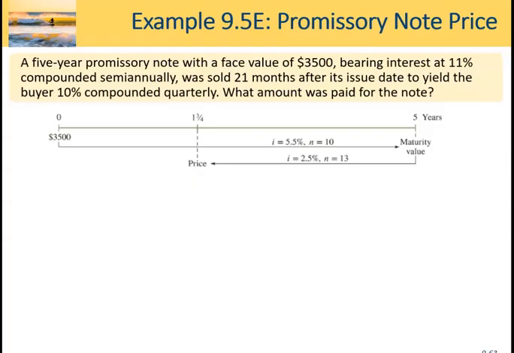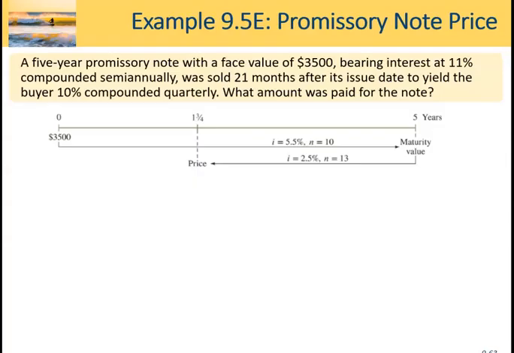Okay, so we're going to figure out what the maturity value is at the end of 5 years, and then we're going to take that maturity as the future value, and then we're going to bring it back to year 1 3/4 to find out what is a good price to pay for it today.